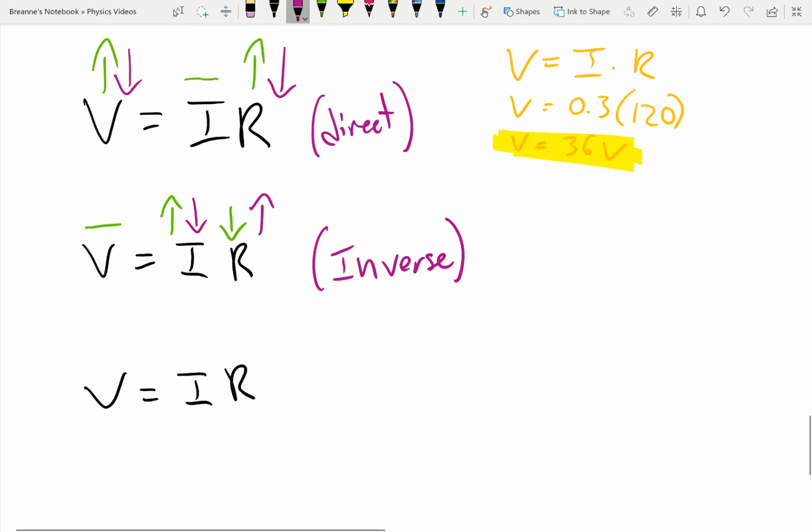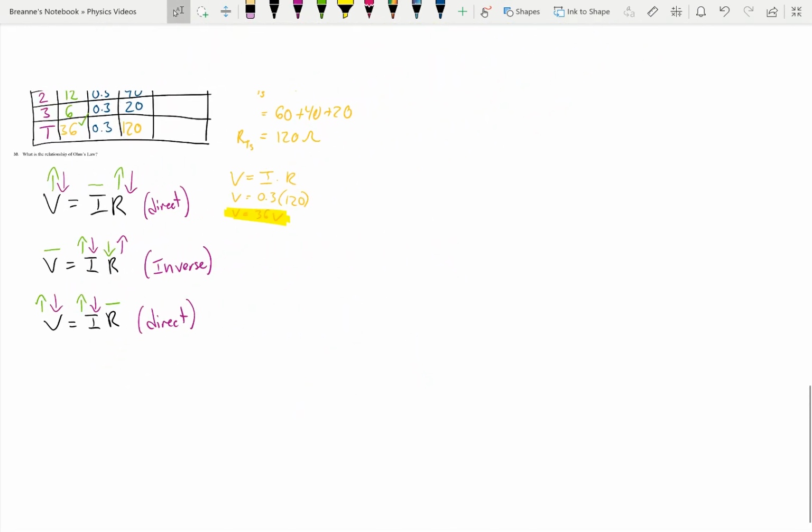If you're keeping resistance the same, as voltage increases, your current would increase. As your voltage decreases, your current would decrease. And so that would give you a direct relationship. So there we go. There's your relationships.